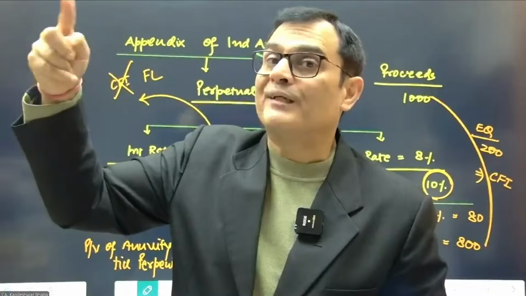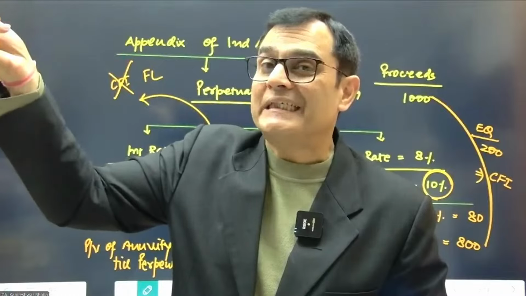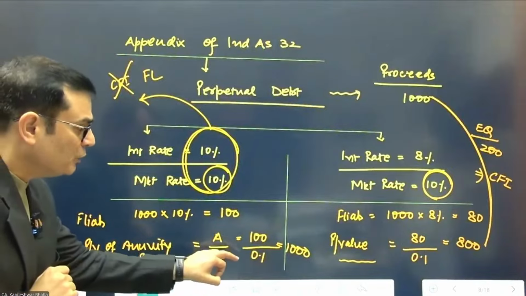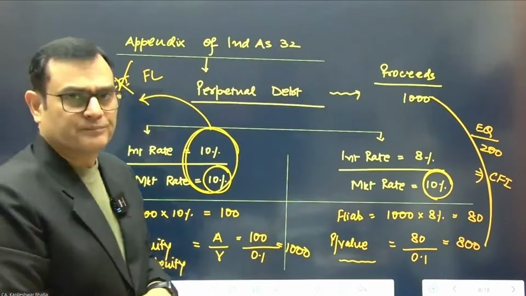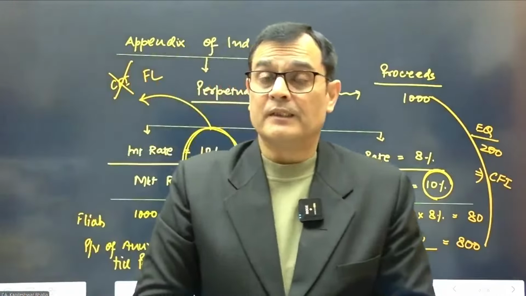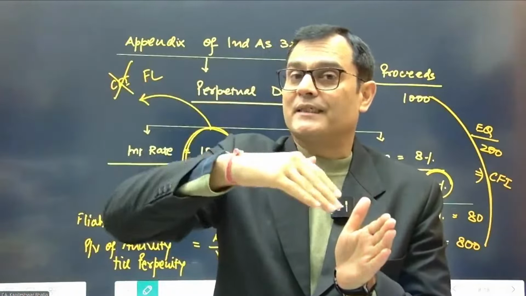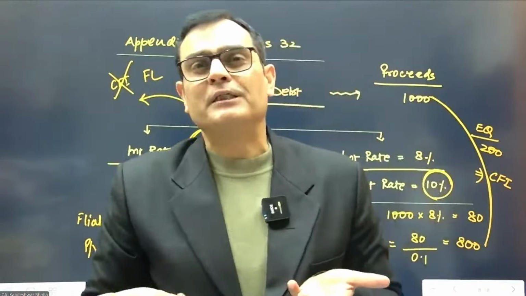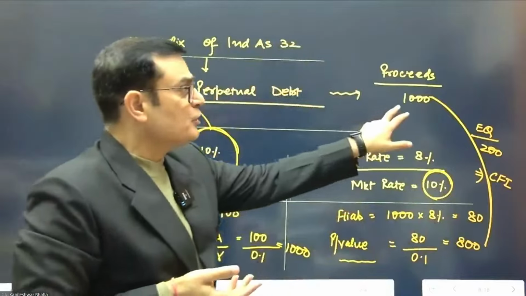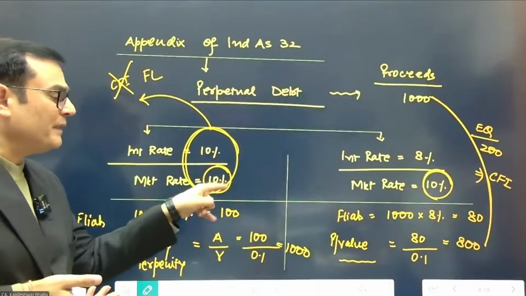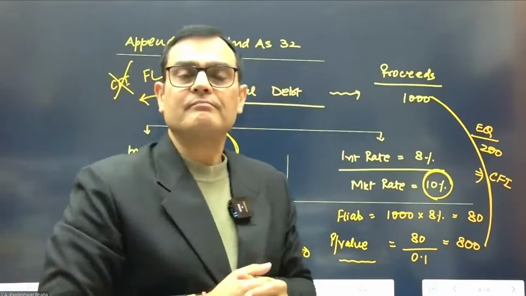It's an annuity, a common amount, paid till perpetuity. When you divide this 100 by the rate of interest, you get the figure which is exactly 1,000. And that's bound to be. If you're paying interest at 10 and you discount it back at 10, your present value will be equal to 1,000. So there is no equity element. And why is there no equity element? Because you paid what you ought to pay.